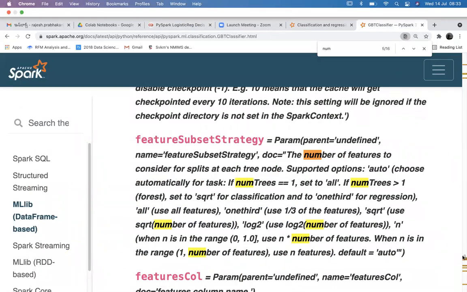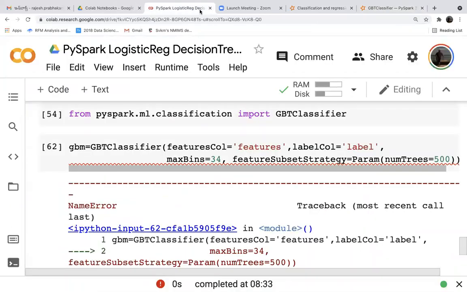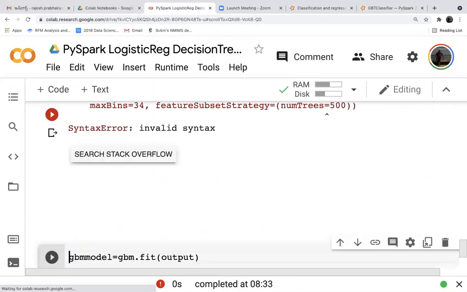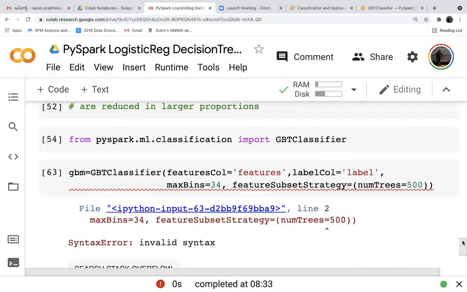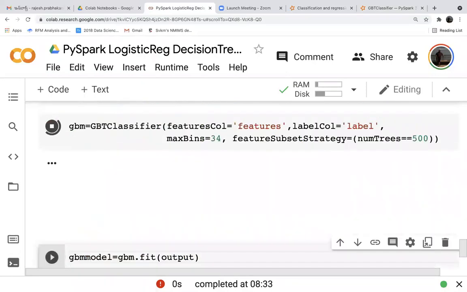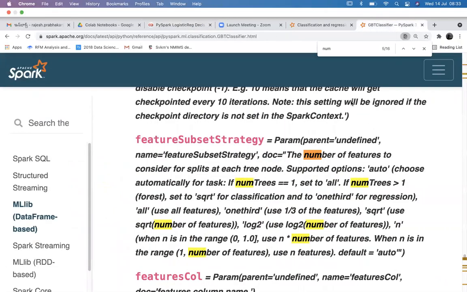Yeah, param is there. Why is it saying not defined?